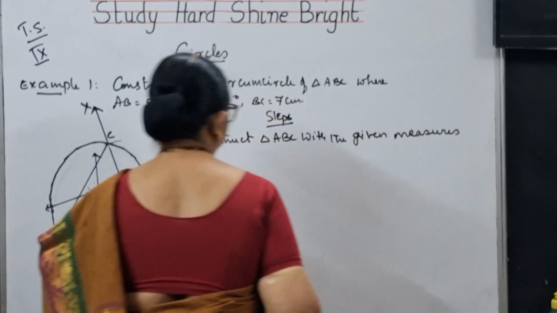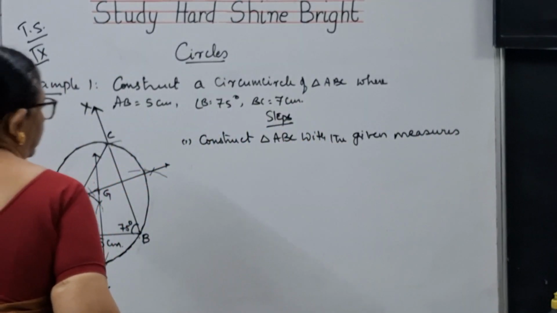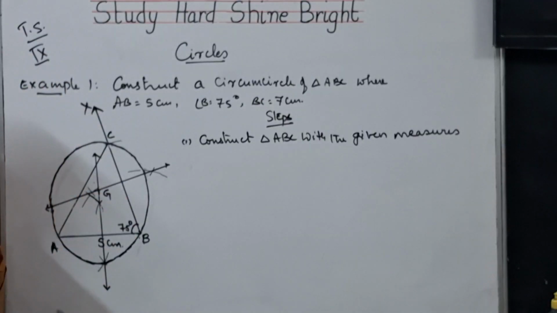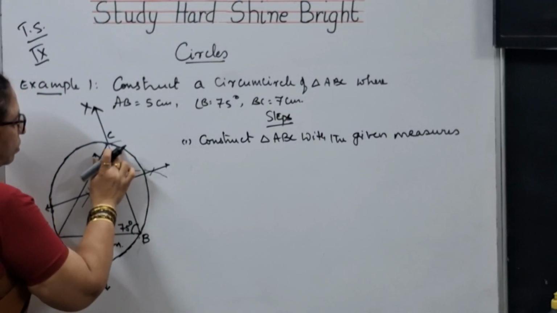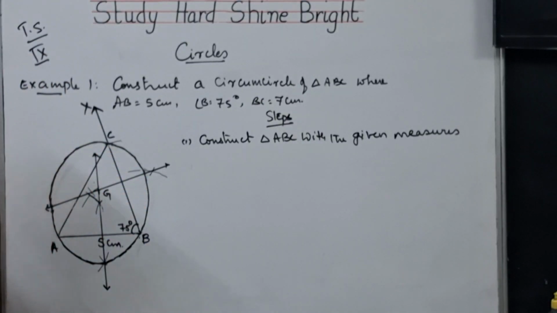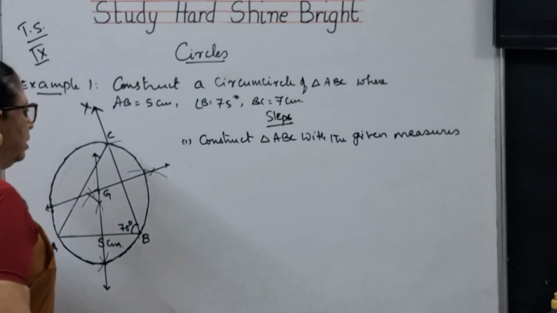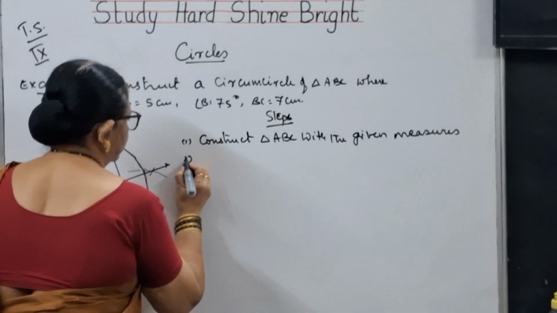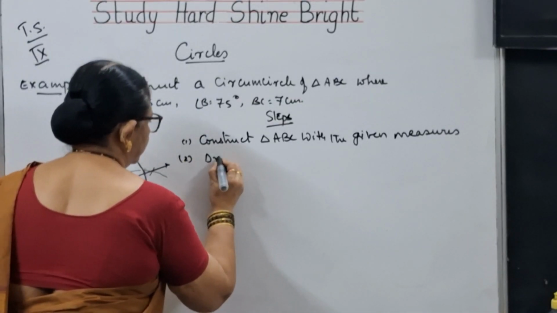You need not write how the triangle is constructed, children. It is not required. That is previous class portion. You have to construct the circumcircle. That construction is important.